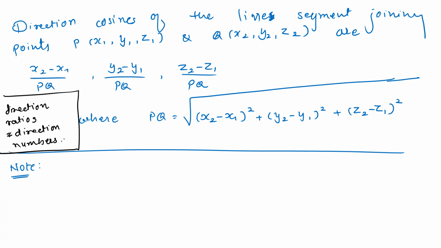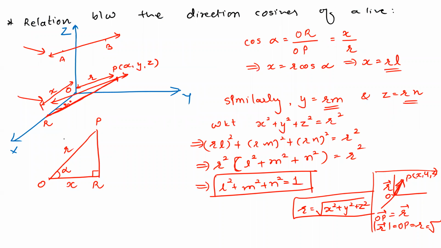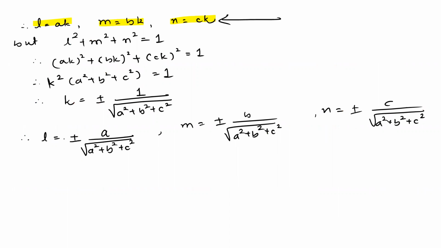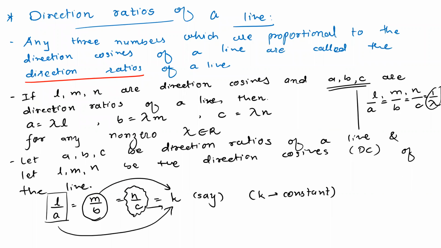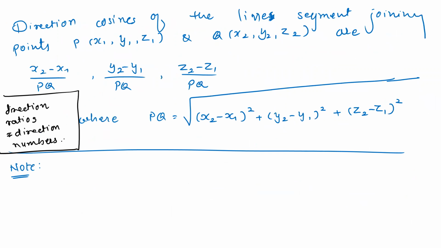In exams or anywhere, if you find direction numbers, consider them as direction ratios A, B, C. How did we find the direction cosines with the help of A, B, C? What are these A, B, C? A, B, C are those ratios which are in proportion. Note.